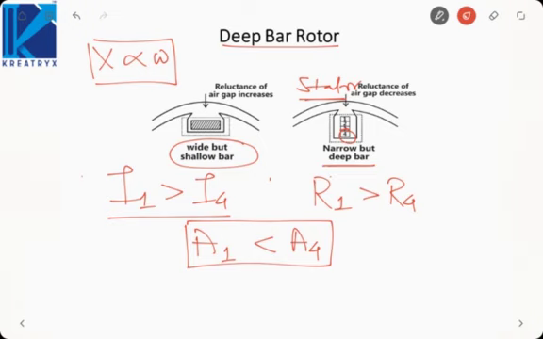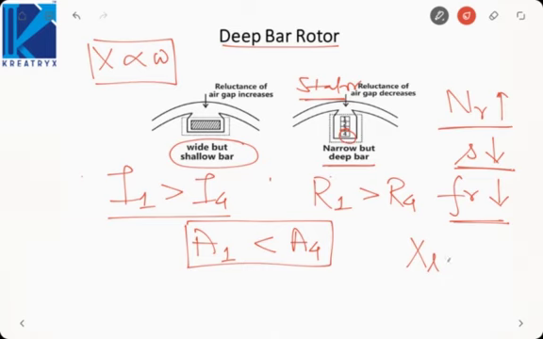But as the rotor speed builds up, slip will go down. As slip goes down, rotor frequency will decrease because it is equal to sf. That is why the difference between XL1 and XL4 will decrease. Both will try to become more and more uniform.